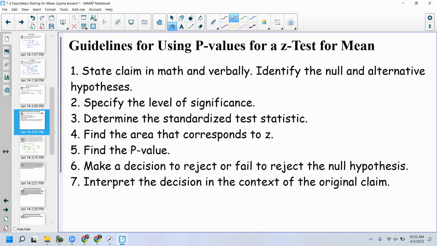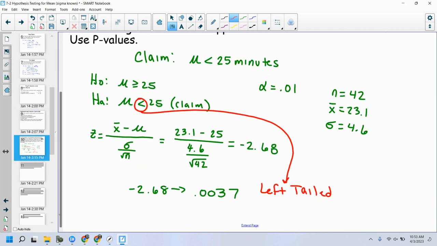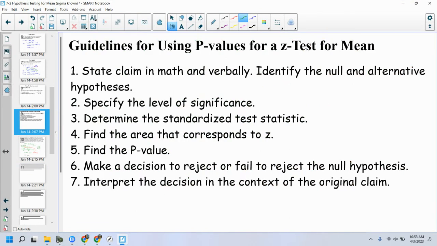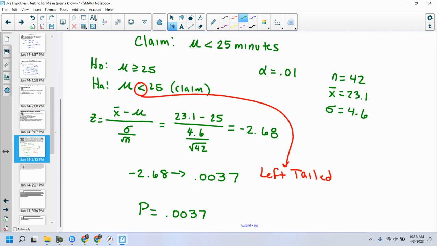The reason we need to know that is because we found the area that corresponds to z, and now we want to find the p-value, which is determined by whether it's left-tailed, right-tailed, or two-tailed. If this is a left-tailed test, what do I have to do with that 0.0037? Nothing. So my p-value is 0.0037.